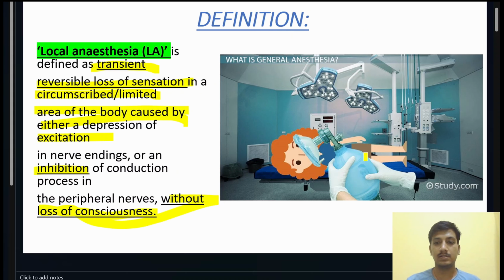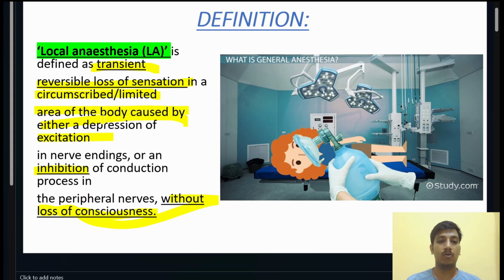We can see in this picture that the patient is lying on the bed, and the Ambu bag is giving oxygen supply to the patient, so that the patient does not go into a coma. In general anesthesia, the patient is in a state of loss of consciousness, where the patient has no awareness of the body parts and the procedure.